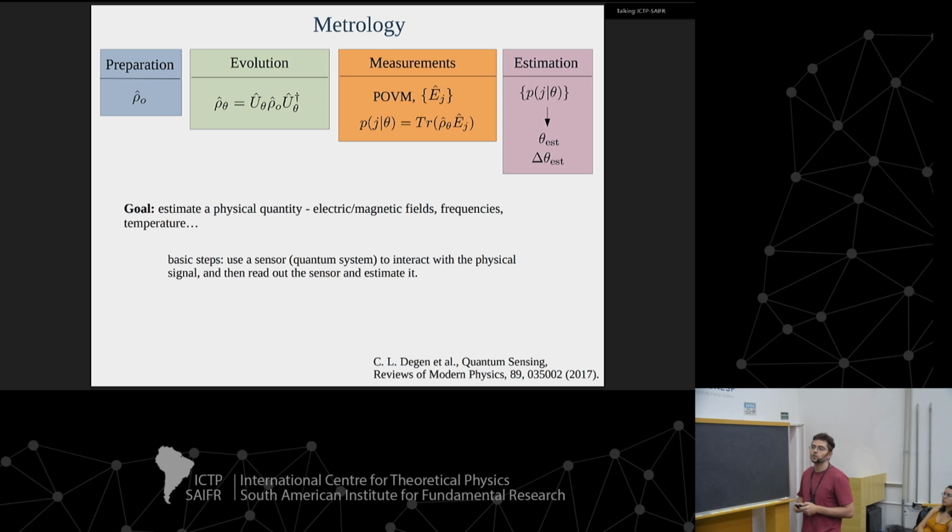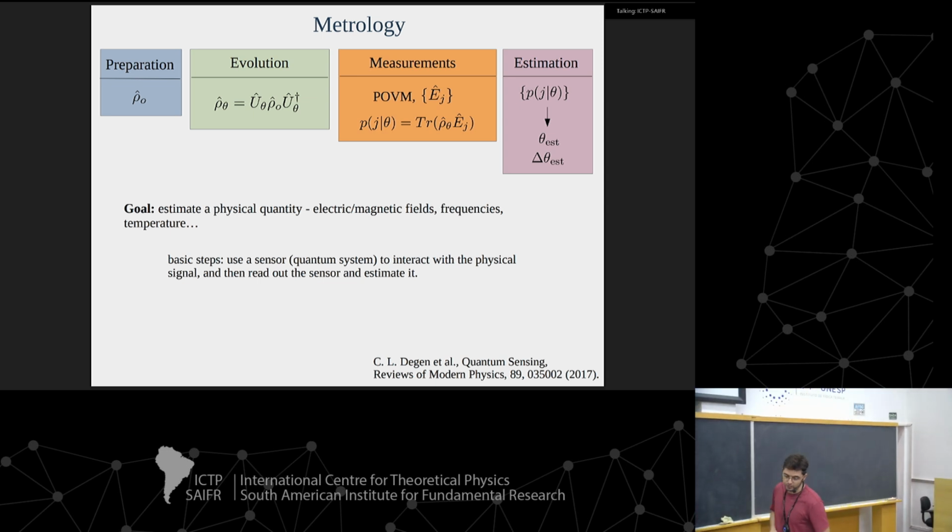It's going to depend on many things: how you prepare the system, how the information is encoded, which observables you choose, and also how you make this decoding process. So you also need to think about different strategies for that. But the basic idea is essentially these 4 steps.